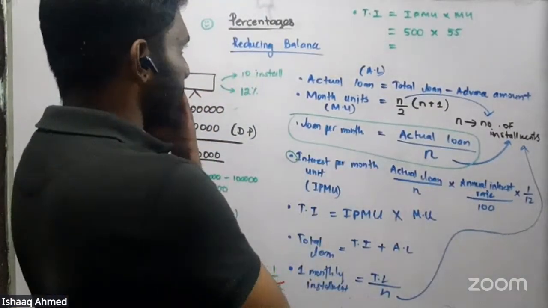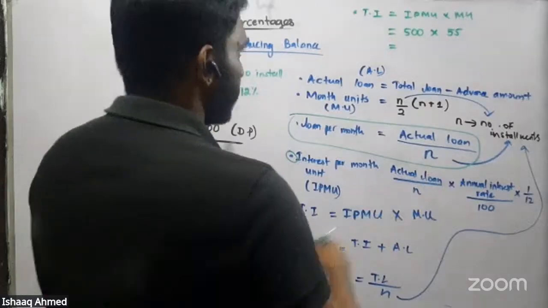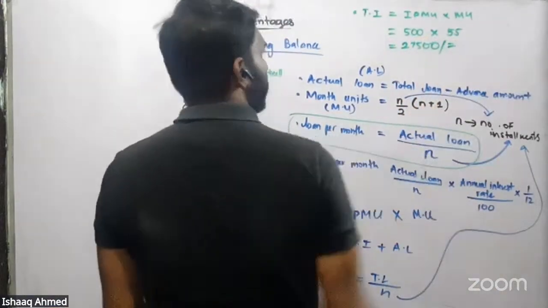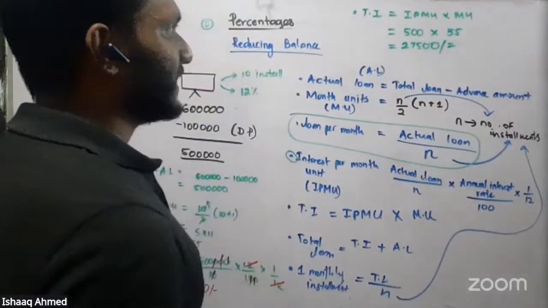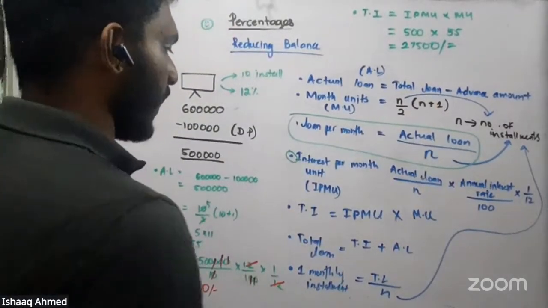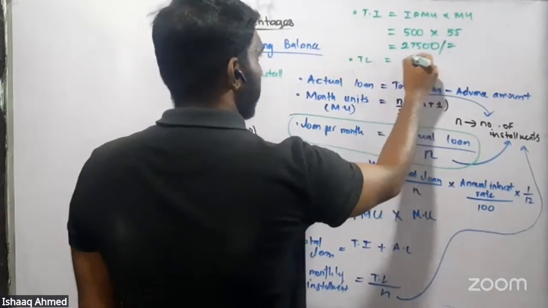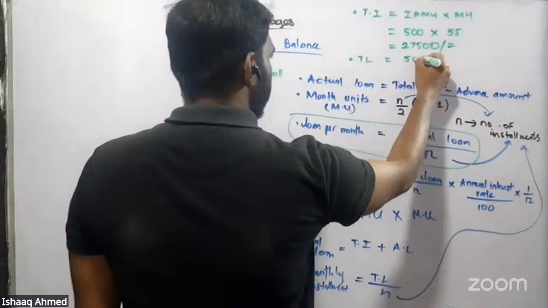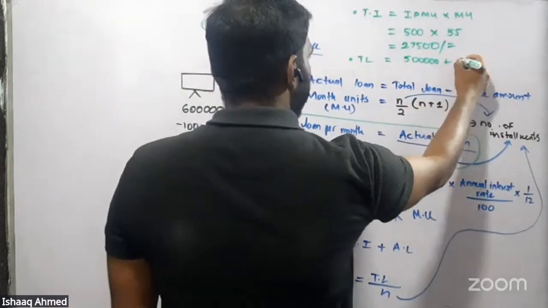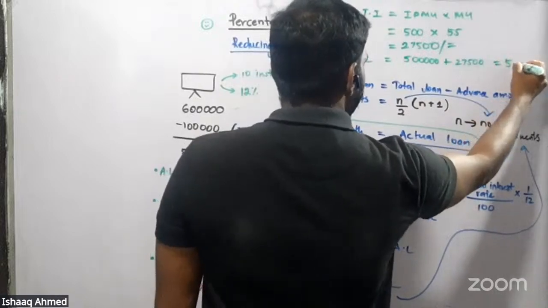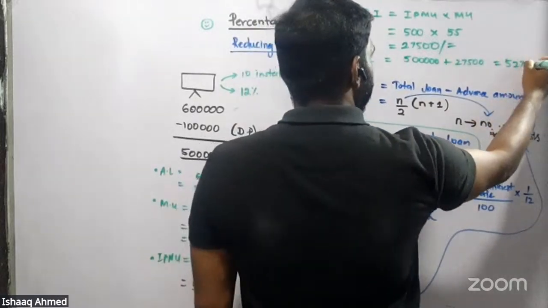That means 27,500. That is total interest. Then we calculate the total loan. That is actual loan 500,000 plus 27,500 equal 527,500.